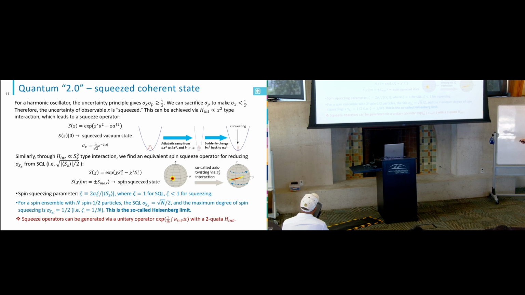But if the interaction Hamiltonian has a term like Sx squared, the northern hemisphere and the southern hemisphere actually turn in opposite directions, right? Because of the square term, it's like taking the absolute value. It doesn't change the sign.